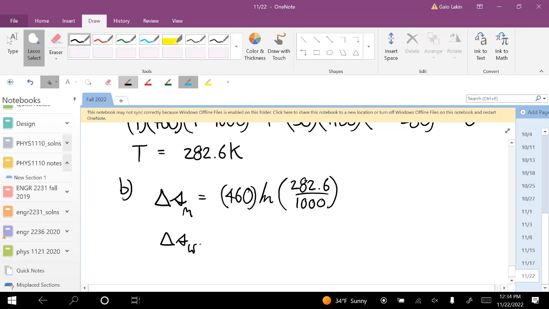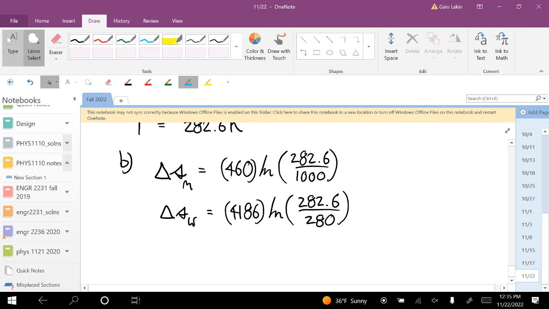And for the water, it's the specific heat of the water times the natural log of the final temperature divided by the initial temperature. And then just multiply each of these by the mass.